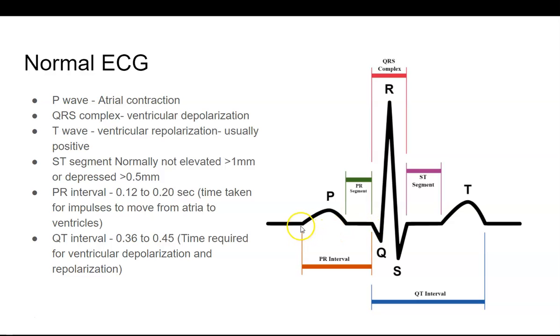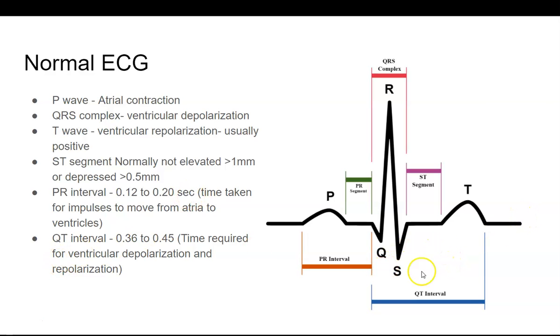But if it takes more than 0.20 seconds, it comes under first degree heart block, where a conduction delay happens. You will be studying heart blocks in the third year. So the PR interval is an important aspect because you can identify first degree heart block.